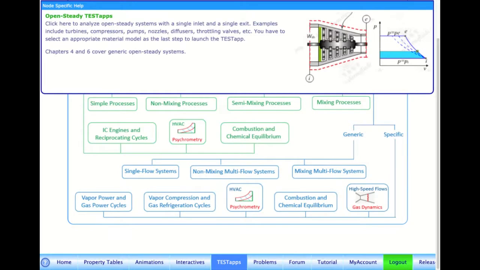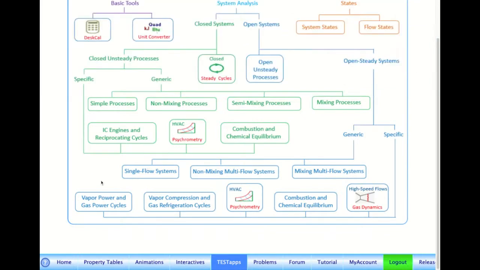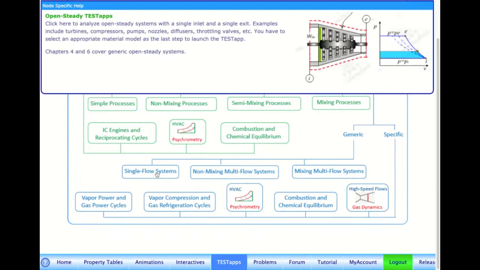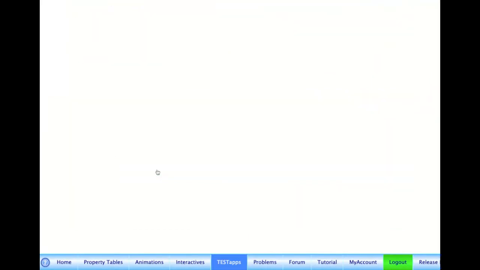You'll notice that when I hover over the single flow, you'll see a picture show up, and it looks like a compressor, or it could be a turbine, depending on what everything looks like. You'll see in here the description. It could be turbines, compressors, pumps, nozzles, diffusers, throttling valves, and so on. And so we will select that.